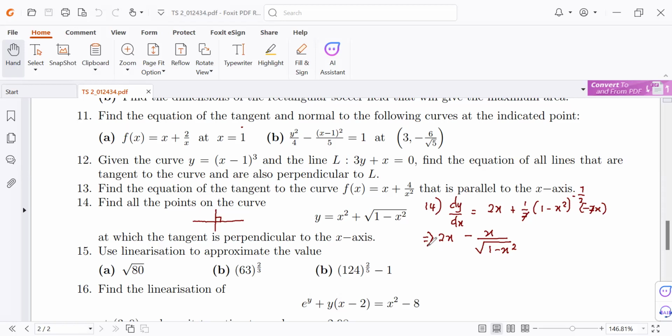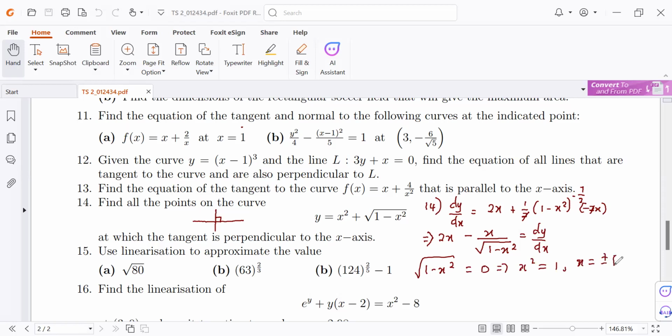To make this dy/dx undefined, we demand that the square root of 1 minus x squared is equal to 0. Since it's a denominator, once the denominator is 0, then it is undefined. Squaring, we get x squared equal to 1, meaning x should be plus or minus 1.